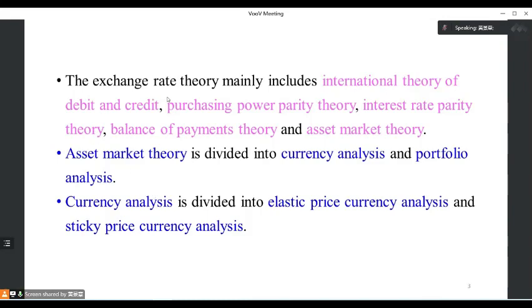The exchange rate theory mainly includes international theory of debts and credit, purchasing power parity theory, interest rate parity theory, balance of payments theory, and asset market theory.